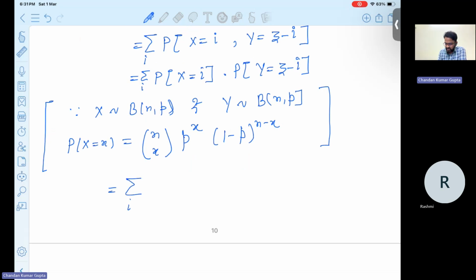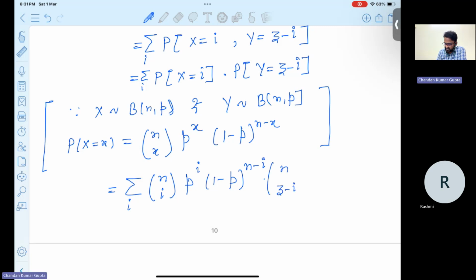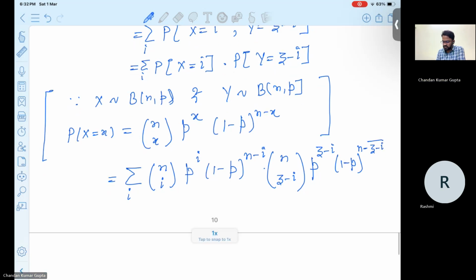We take the summation over I. The probability that X equals I is nCI p to the power I and 1 minus p to the power n minus I. Also for the probability that Y equals z minus I, we need to write again nC z minus I p to the power z minus I, 1 minus p to the power n minus z minus I. Okay, so this is the form.